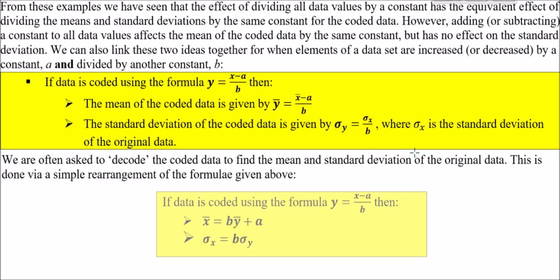If data has been coded into y from x, so y is x minus a over b, the mean of the original x, multiply both sides by b, then add on a, but sigma x is just going to be b sigma y, and we get this by rearranging not this formula here, but this one up here, because again you need to remember when we're talking about standard deviations being coded, this a you can imagine is invisible, doesn't exist because it's not affected by the a.